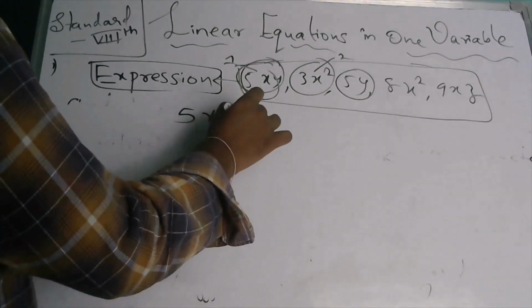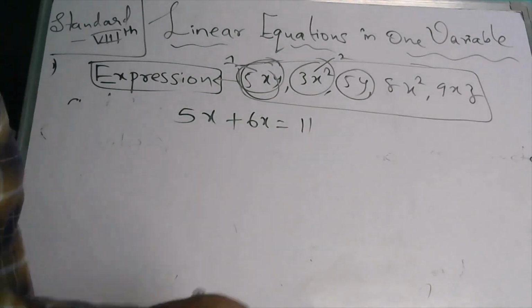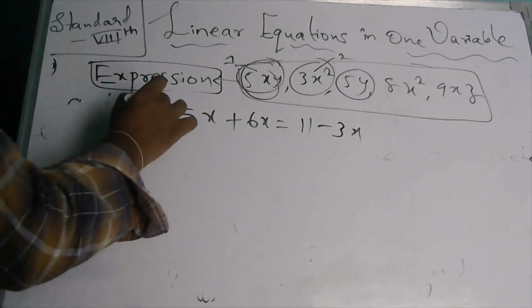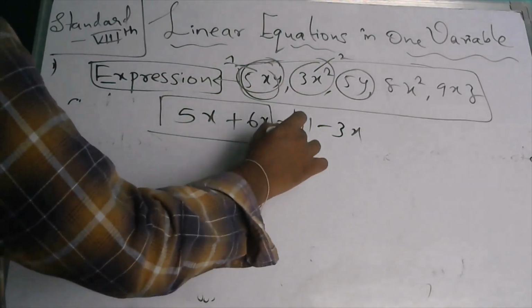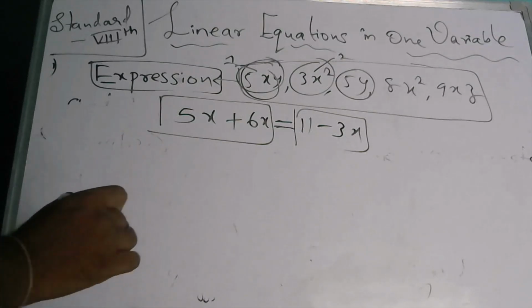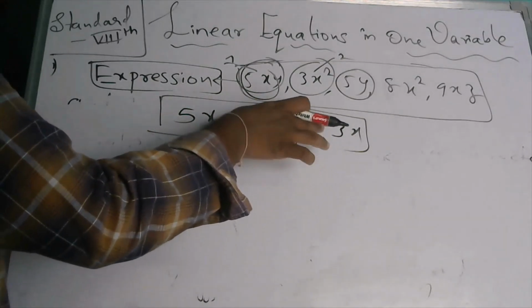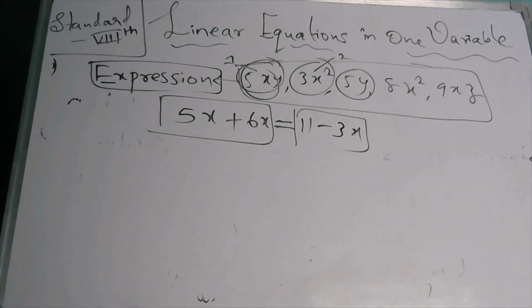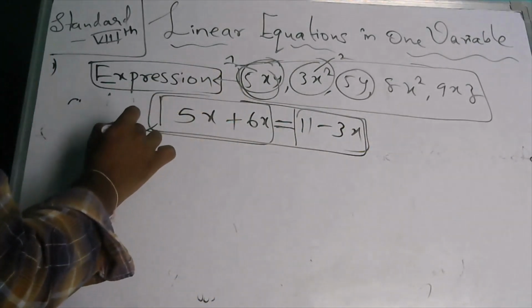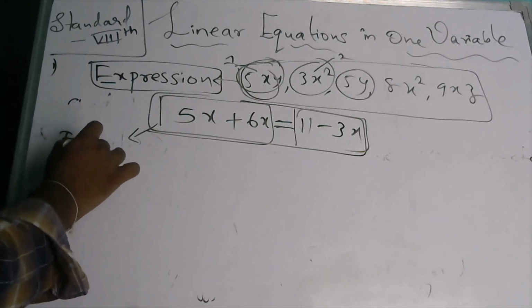For example, a plus 6x is equal to 11 minus 3x. So this is an expression and this is an expression. These two are connected by equality sign. So whenever you find equality sign between two expressions, that is called an equation. So the entire thing is now called an equation.